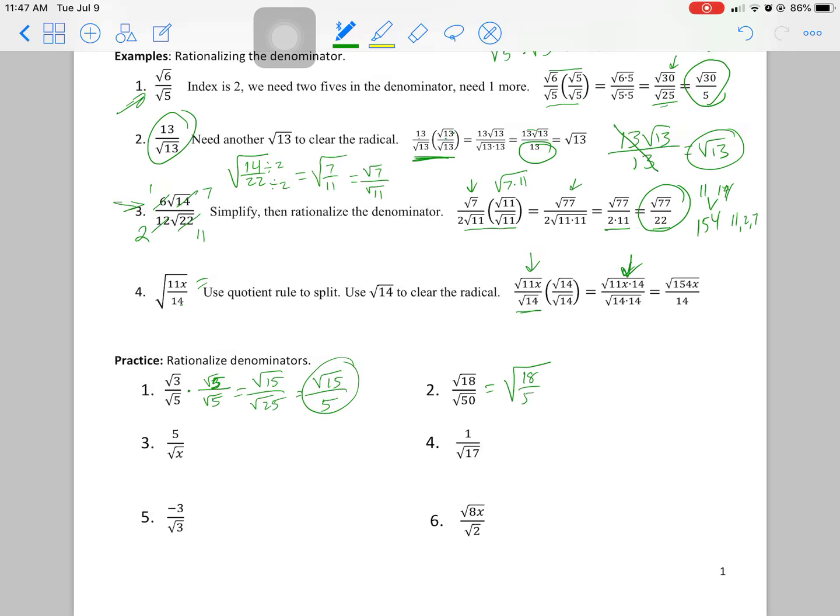Let's reduce for a minute. Divide by 2, that's going to give me the square root of 9 over the square root of 25. Nicely convenient. That's going to give me 3 over 5. Now, what I could have done is the square root of 18 over the square root of 50 and multiplied by the square root of 50 over the square root of 50. Hang on, 18 times 50 is 900.